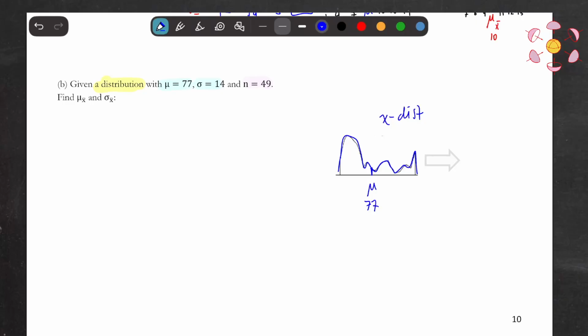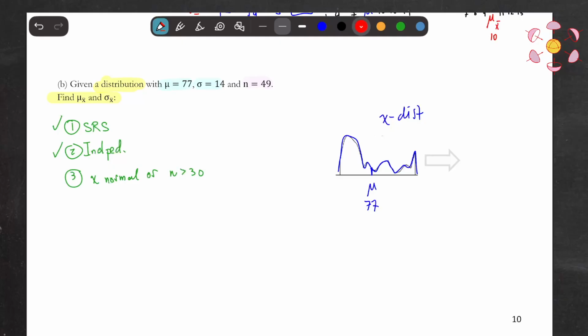So let's go through the requirements. Before we can find this, we have to check that the requirements of the central limit theorem are met. Simple random sample, check. Independence, check. We always just assume those. Number 3, either the original X is normal or the sample size is bigger than 30.